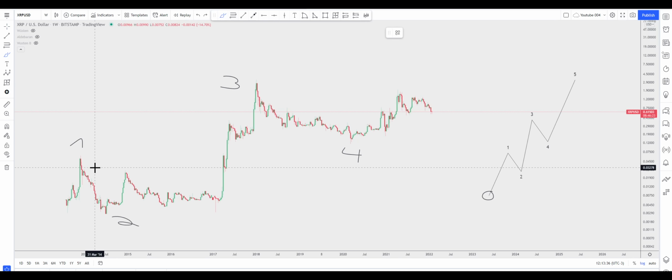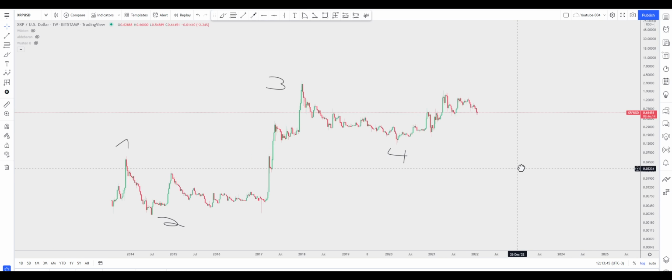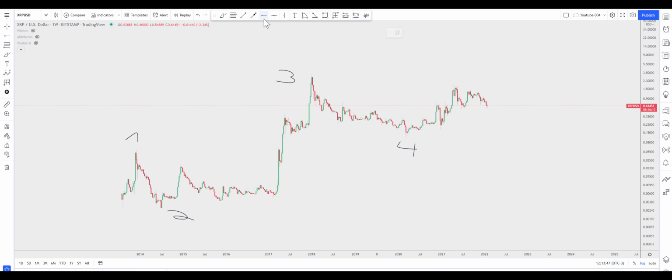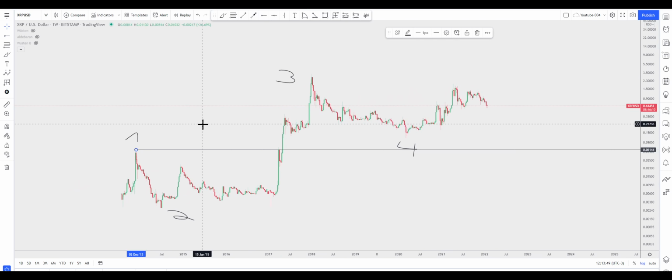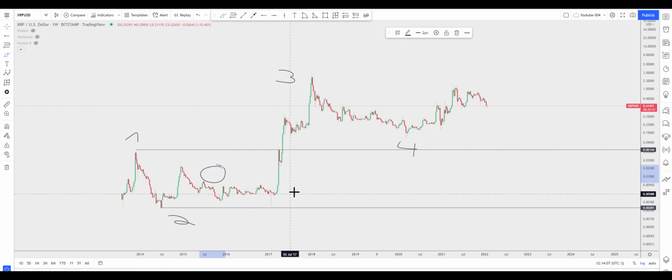So this guy right here again. Let's take out this one right here, and let's follow the idea. So this structure right here was the first one, and then this is the source of a bullish trend. Okay, so 0.